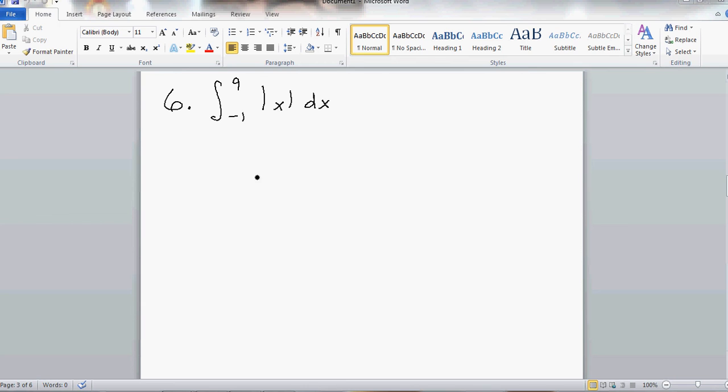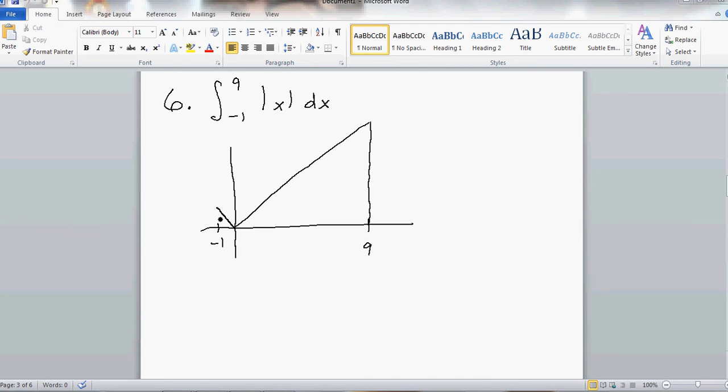Okay, so to draw this, I have to go from negative 1 all the way up to 9, and absolute value, remember, has a V shape. It looks something like this. Now realize what we're going to have to do is find the area of two triangles, because we have two different triangles.